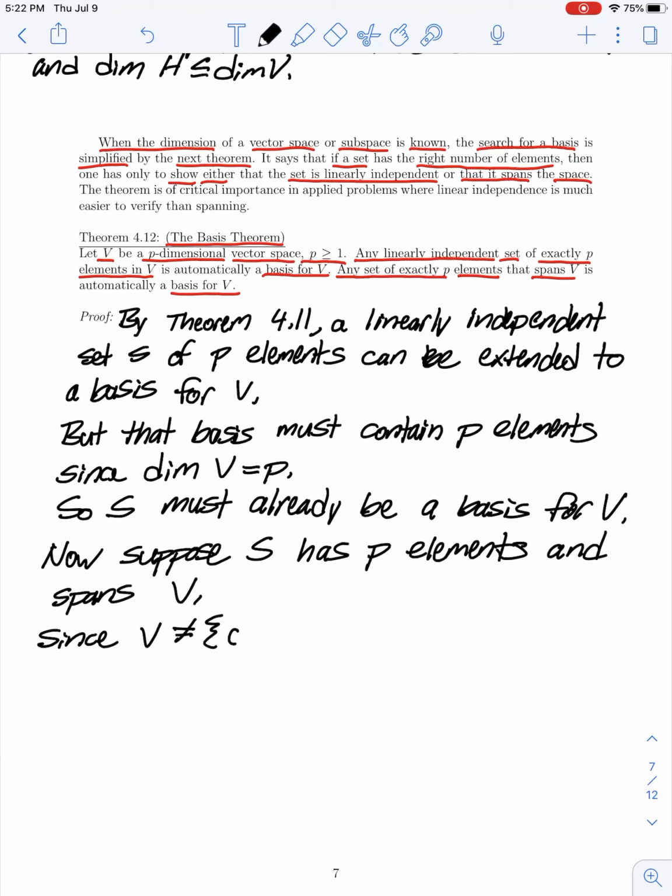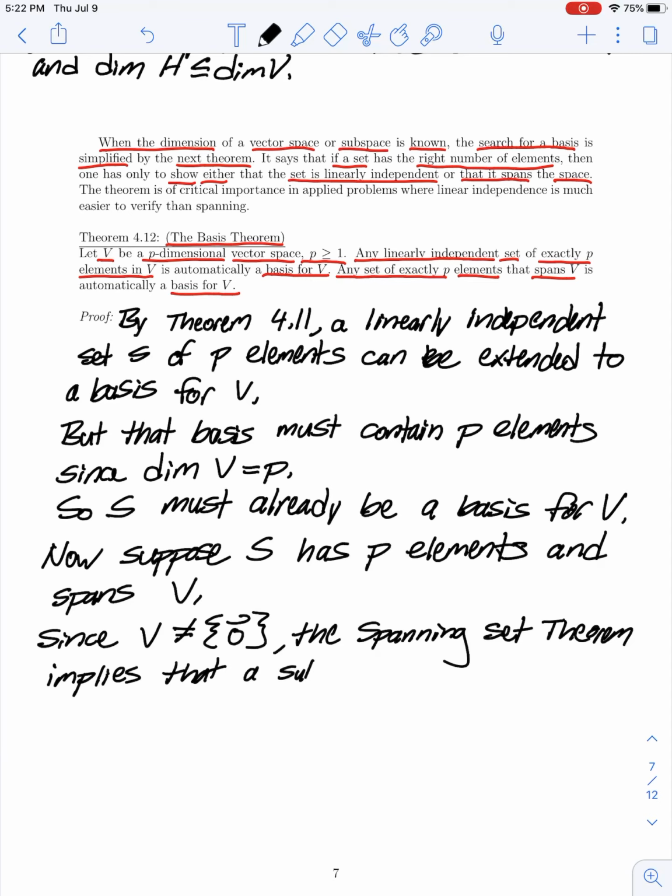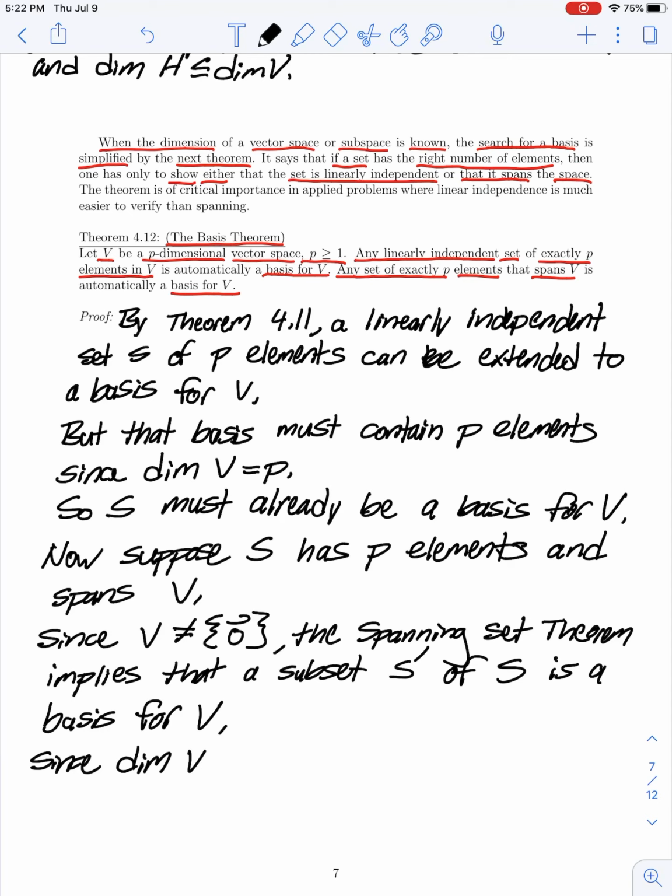So since V is not equal to the 0 subspace, the spanning set theorem implies that a subset, let's call it S prime, of our set S is a basis for the vector space V. However, since the dimension of our vector space is equal to p, which is the number of elements in the set S, that means that the subset S prime must contain p vectors.